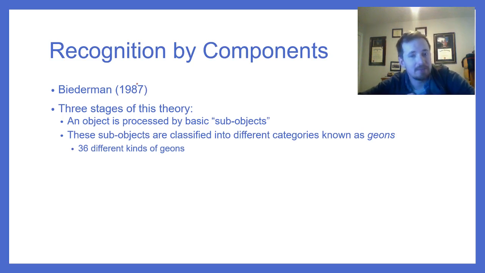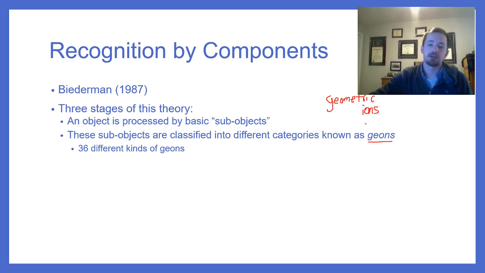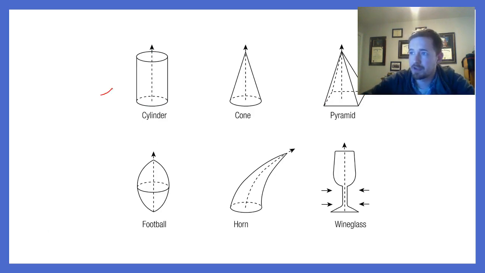When we do that, we take those sub-objects and we categorize them. We put them into different categories, into something that's called a geon. So you'll see this word in your book. Basically, it is short for geometric ions. So geometric ions is what geons is short for. And so basically we have 36 different kinds of geons. Here's a couple of examples of what they might look like. We have a cylinder here.